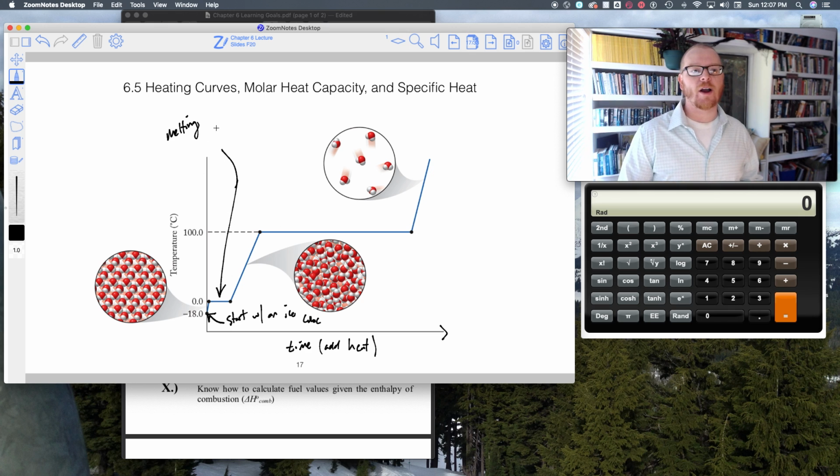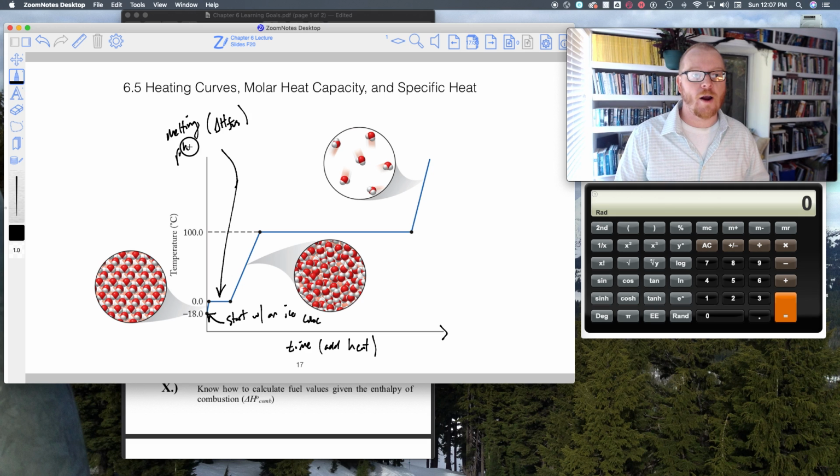So melting is going on right there, and specifically the heat that's being pumped into that is the delta H of fusion. So heat is still being added, but there's no change in temperature. And that is unique to a phase transition.